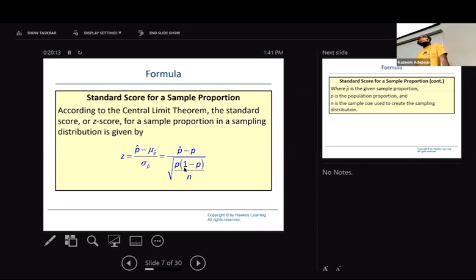Take note of that. The p with a cap is a sample proportion. P without a cap is a population proportion. So what I just showed you is how to figure out the z-score where we're dealing with a sampling distribution of proportion.